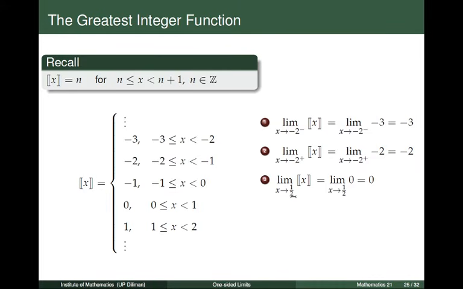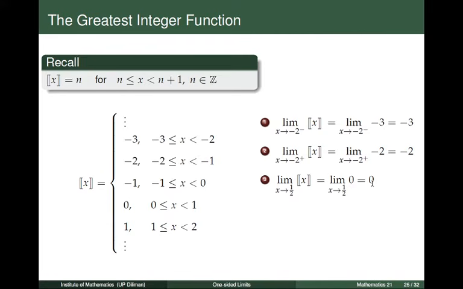Clearly, when x is very, very close to 1/2, that x is between 0 and 1. So we are looking at this interval here, and the corresponding functional value of the greatest integer of x is 0. And so we will have the limit of 0 as x tends to 1/2, which will give us 0.